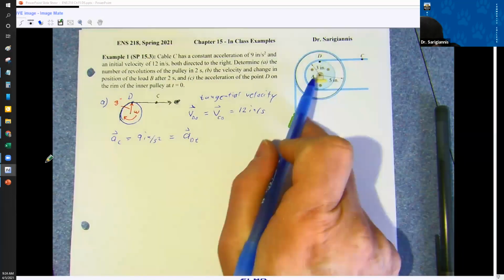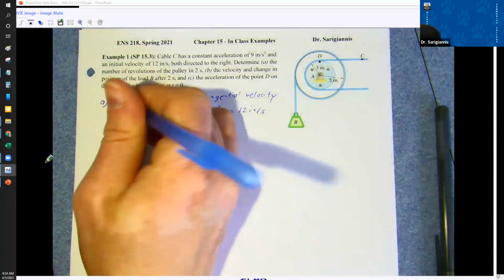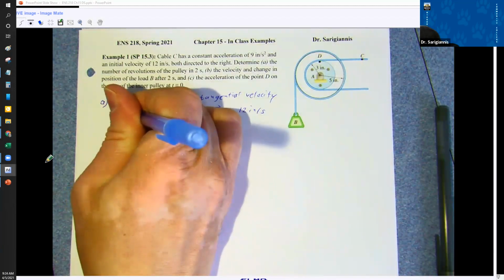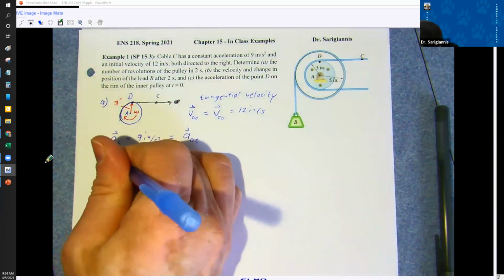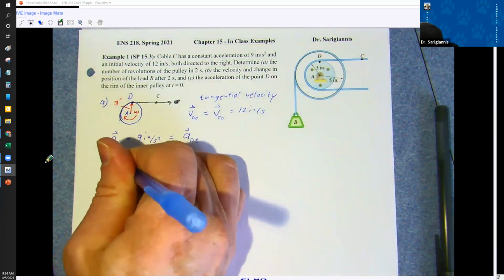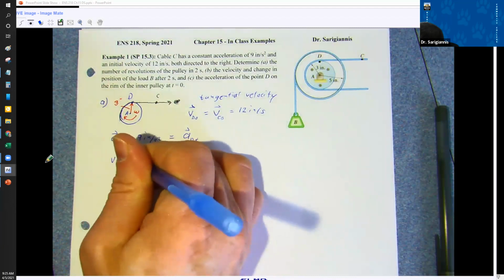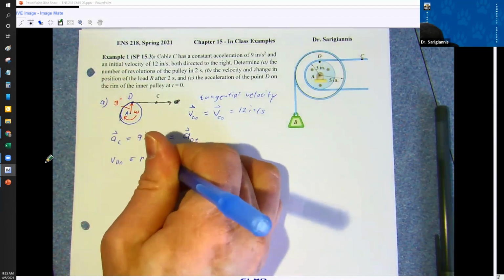We're given the distance AD. Oh, I should label A in here. AD is 3 inches. So now we're going to use some of the equations we have. V D naught is just r, the radius, times omega.